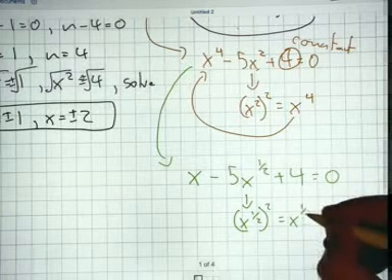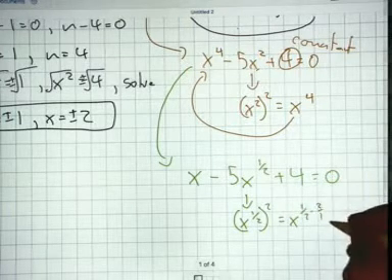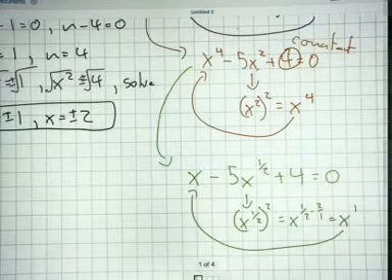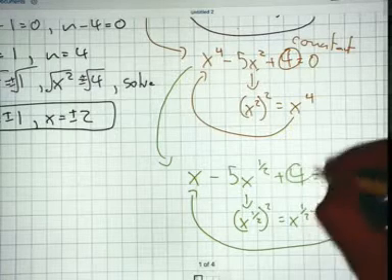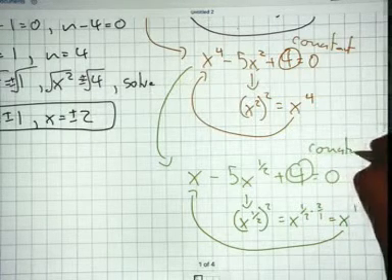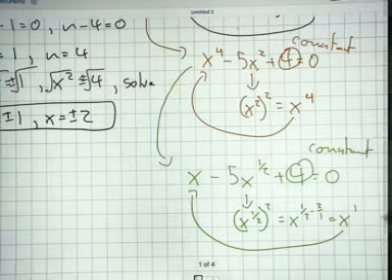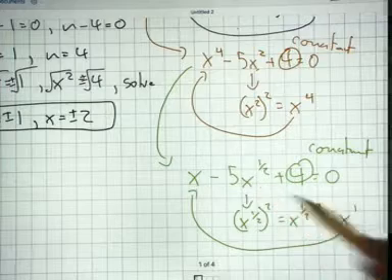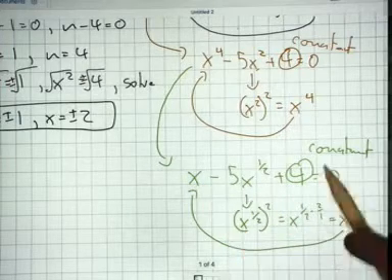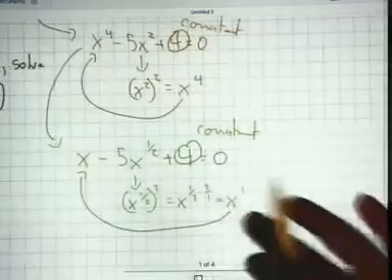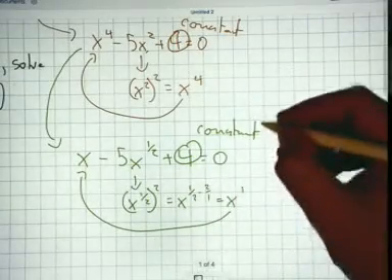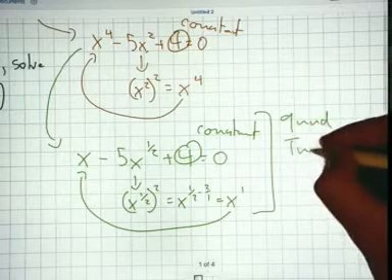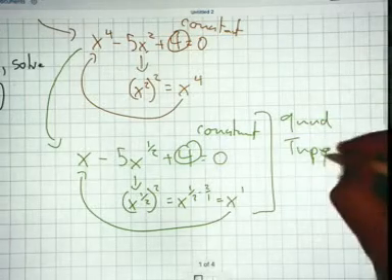That becomes x to the 1/2 times 2 over 1, which is x to the 1, which is that variable. And I have a constant. So I would do this test: if I take the middle term and I square it, do I get the first term? Yes. Do I have a constant? So all of this is evidence that what we have is a quadratic type equation.